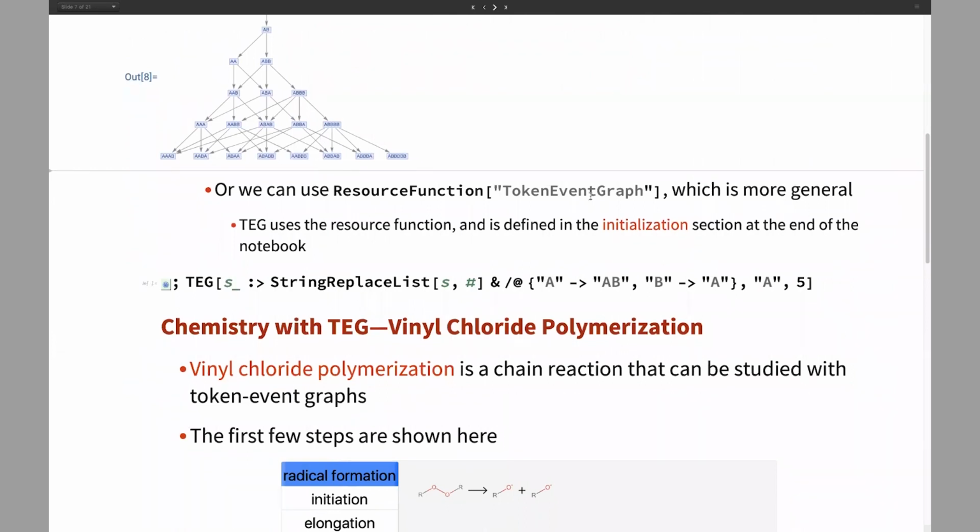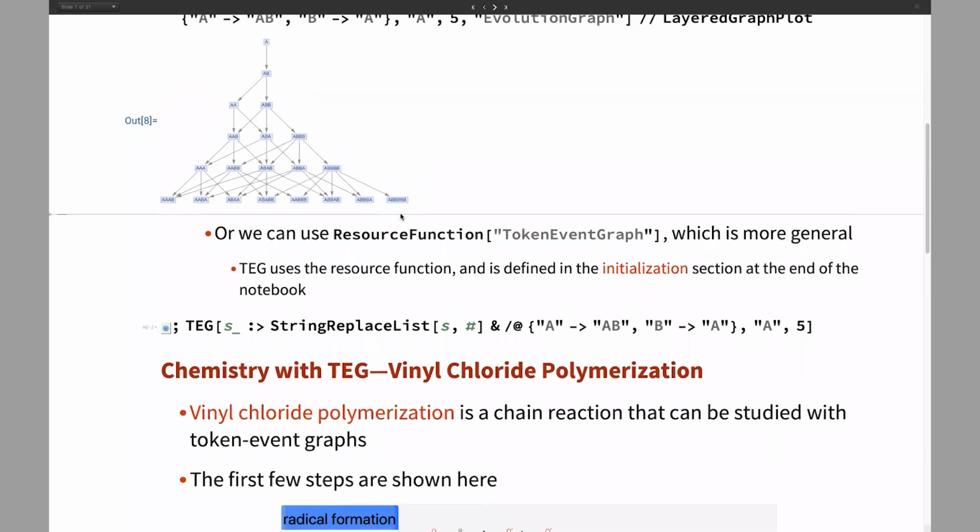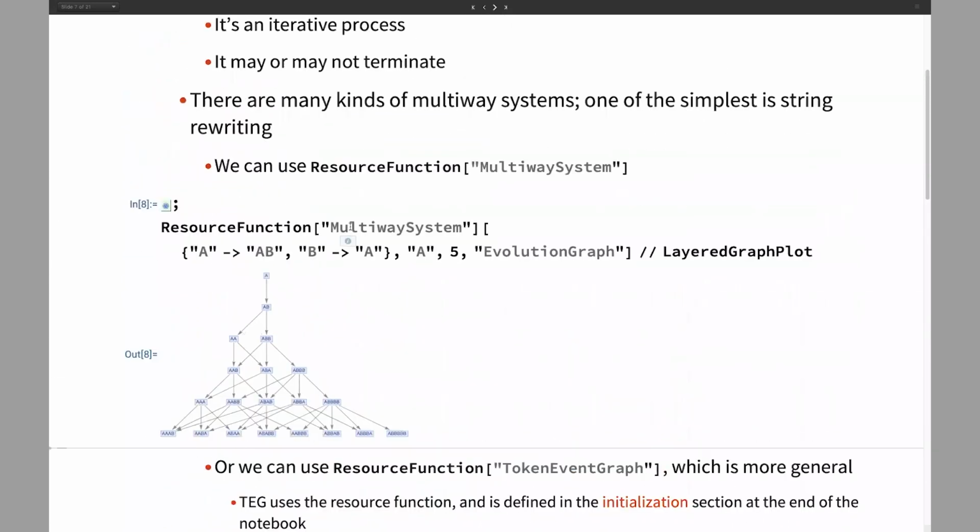So you've got much more control over the system that you want to study. So I can do the same multi-way system. I've got the same rules here for the strings and the same initial state A, but here I have to specify what carries out the transformation, string replace list, which is built in to the multi-way system function here.